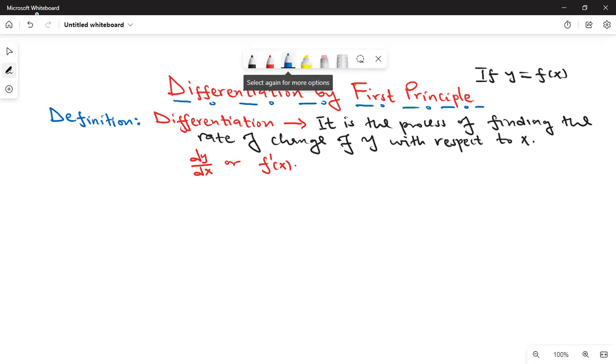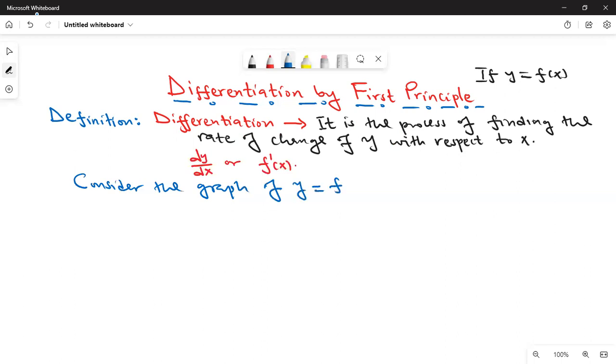Let's consider this diagram, or consider the graph of y is equal to f of x. It is shown below. I'm going to draw the y-axis as a vertical line, just a sketch, and the x-axis as a horizontal line.